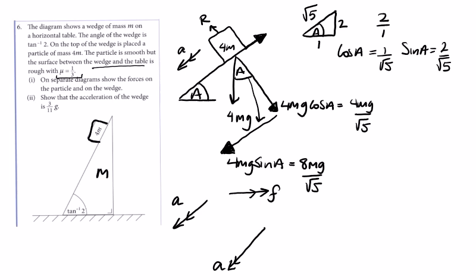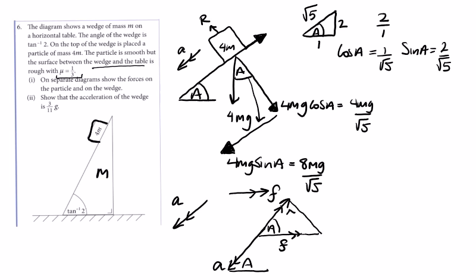Let me extend it. I want to know what's going on in this direction. I have my angle A. I have my acceleration f going in this direction. So that's the hypotenuse, so my right angle needs to be opposing that, which is here.